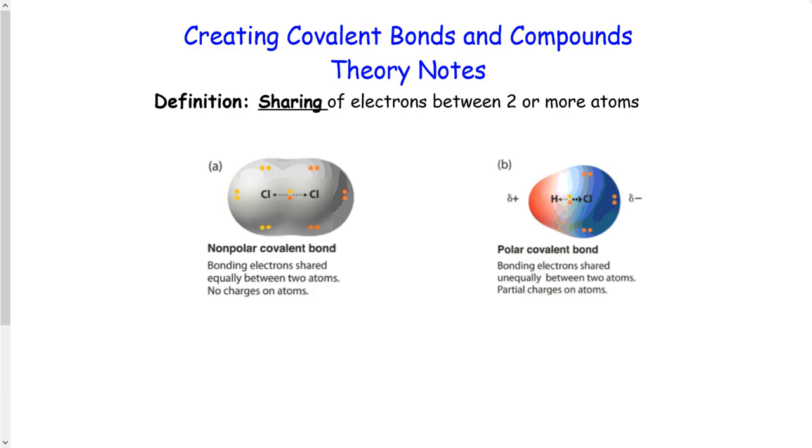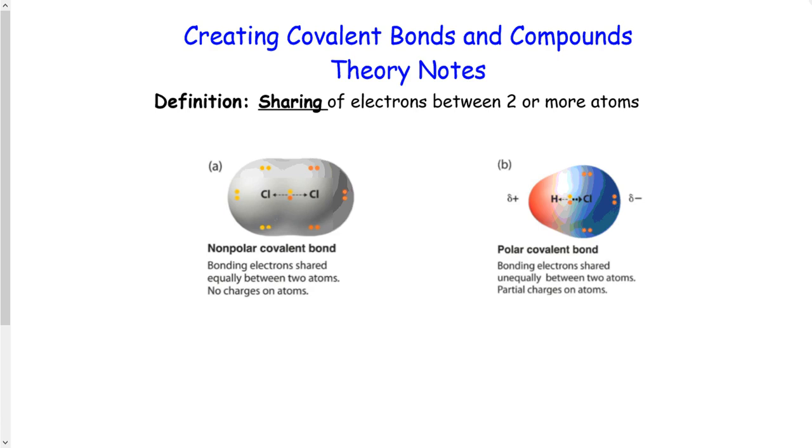On the left-hand side, you will see that we have 2 chlorines bonded together, creating what's called a nonpolar covalent bond. It is nonpolar because there's 2 atoms that are equal. There's 2 chlorines, they're the same atom. Versus on the right-hand side, illustration B shows us the combination between hydrogen and chlorine.